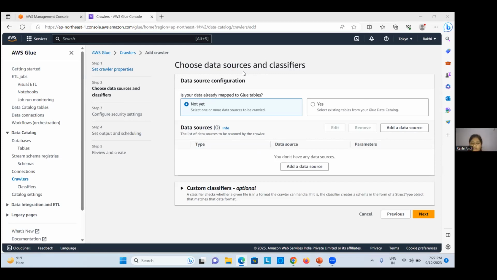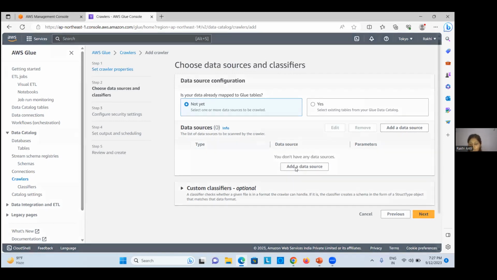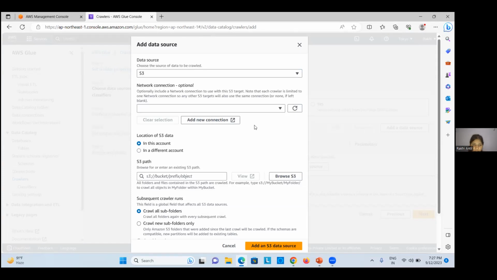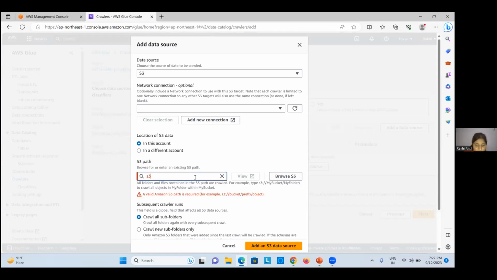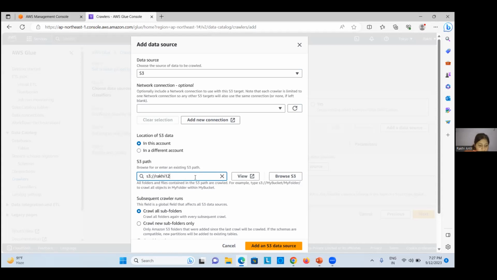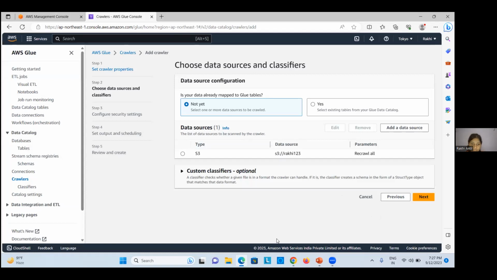So choose data sources and classifiers. The options are not yet and yes. I will choose not yet. Then add a data source. Then give a bucket name, S3 slash rakhi 1, 2, 3. Then add an S3 data source. Then click on next.